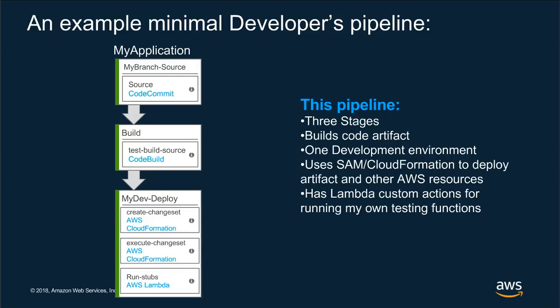And then after this, it actually executes a Lambda function to run some testing against my Lambda function. And so anytime that I commit code, this pipeline will get executed. And so as a developer, I can have some assurance that my tests are being passed in and confirming that my application updates are good.